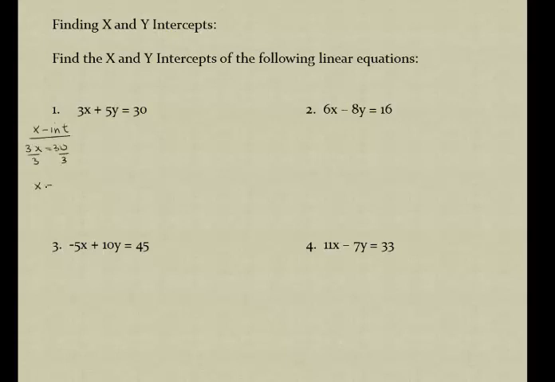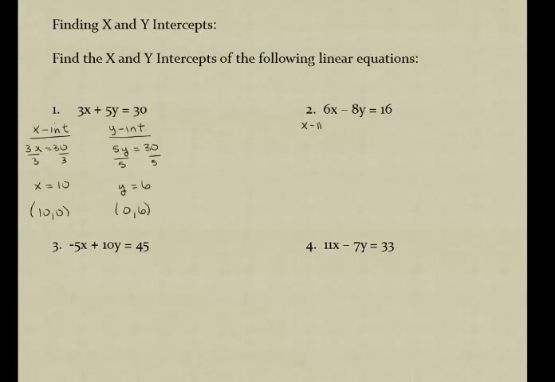So the x-intercept is going to be 10. The y-intercept occurs when x is 0. So I can take the x term out and solve for y. And I will get that the y-intercept is 6. So my x-intercept is going to be 10, 0, and my y-intercept is going to be 0, 6.